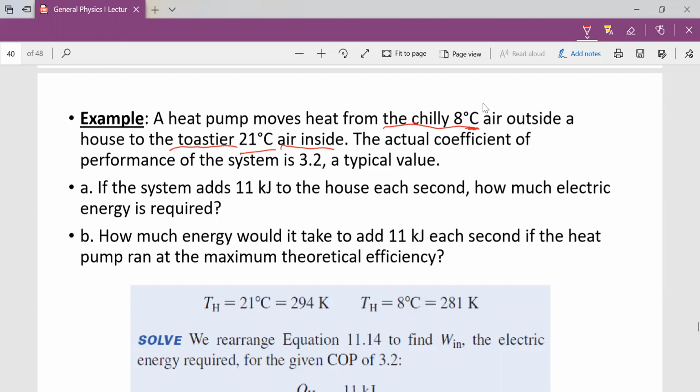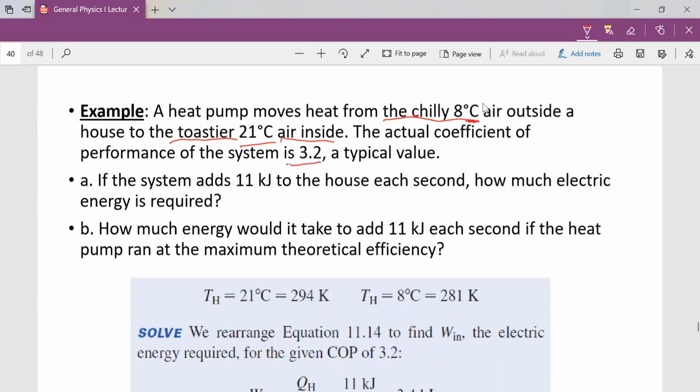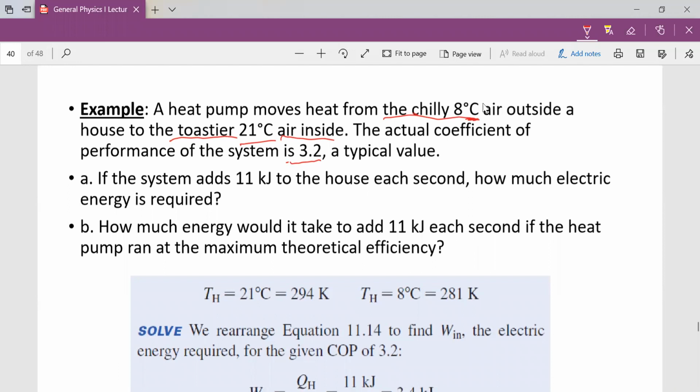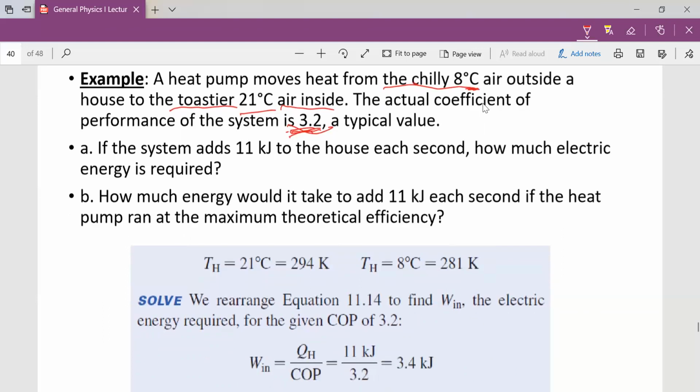Okay. The actual coefficient of performance is given to be 3.2. That is a typical value for the COP of most of these heat pumps. When you get a heat pump, you will see this value, COP, and now you know what it means.